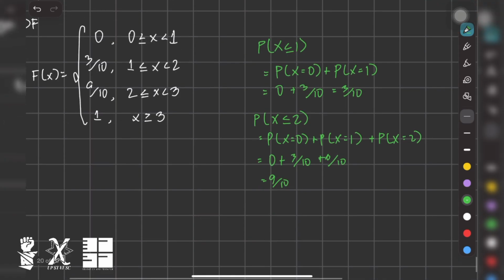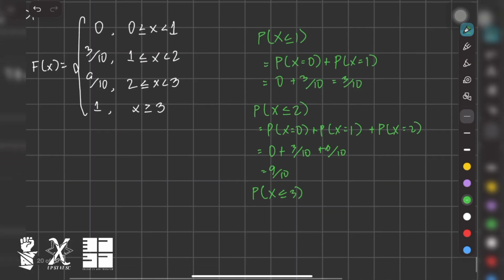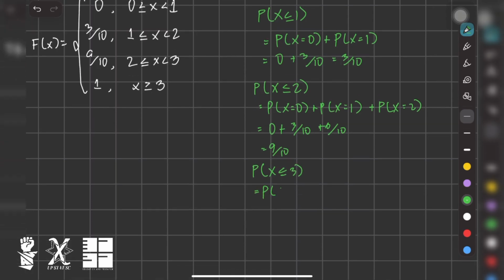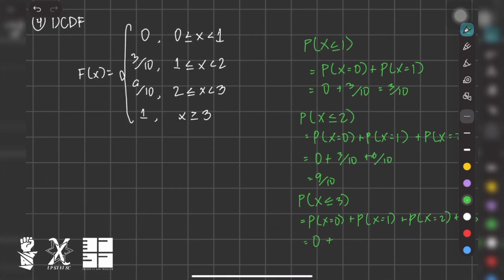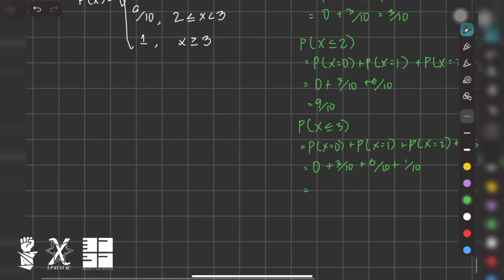Now, lastly, when you're looking for the probability that X is less than or equal to 3, that's basically adding the mass points at 0, 1, 2, and 3. So that's 0 plus 3 over 10 plus 6 over 10 plus 1 over 10, which is equal to 1.